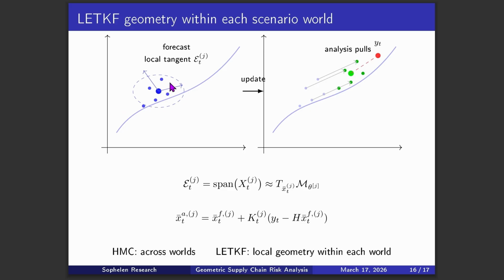So in the forecast, we would push forward the points in time, and whenever we have a new observation or new data comes in, then we use that new data to push our ensemble to a more appropriate location.